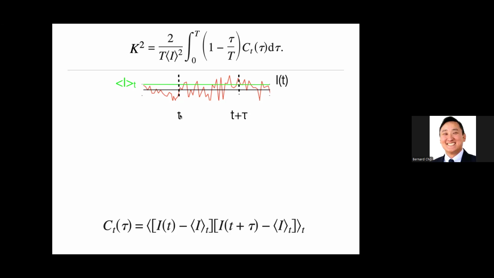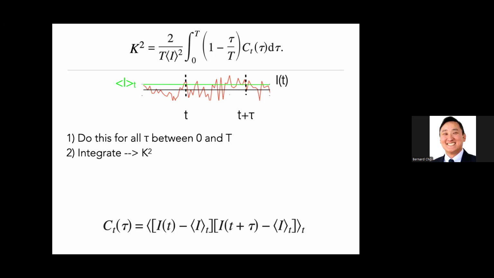We look at this point and move that over, look at this point and move that over, etc. So we look at all these delays at all these different time points, and then we do an integration of this equation. That's numerically what's going on under the hood. Okay, and then if we do that, we can get contrast.